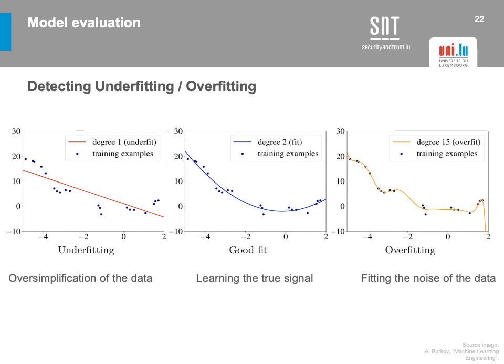Also remember that we saw detecting underfitting and overfitting. I will go quickly over it; it was covered in the second video. In that video, we covered what underfitting is, which is oversimplification of the data, and overfitting, which is fitting the noise in the data.